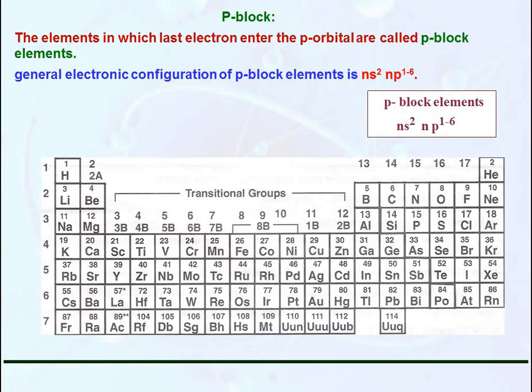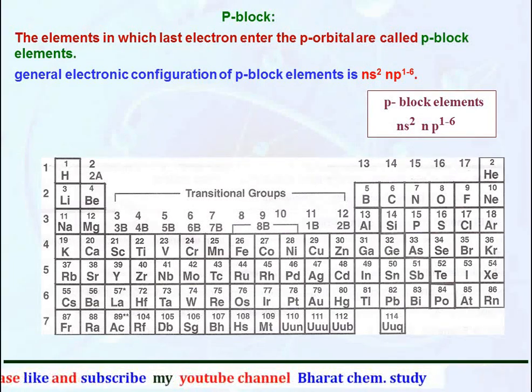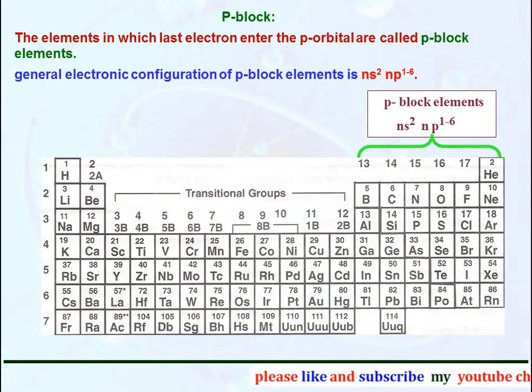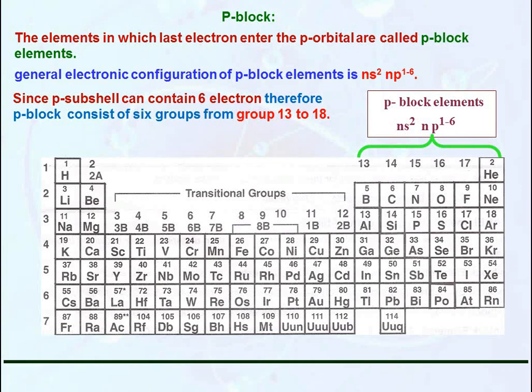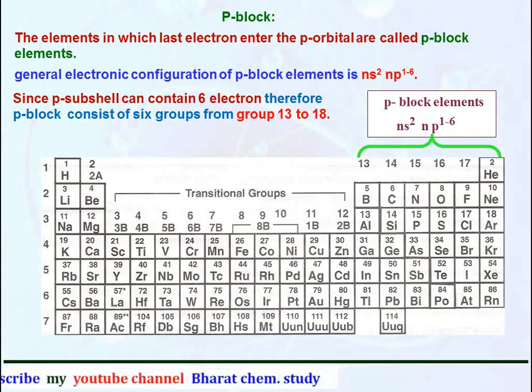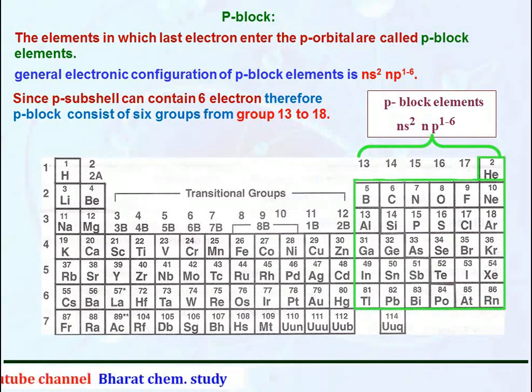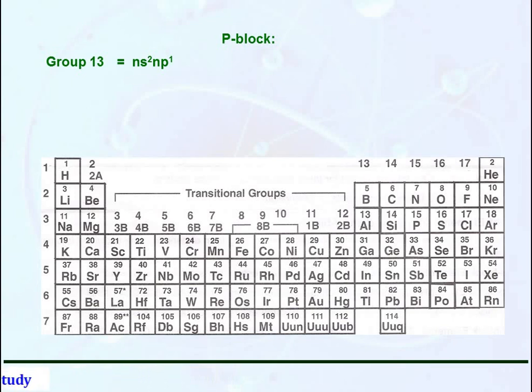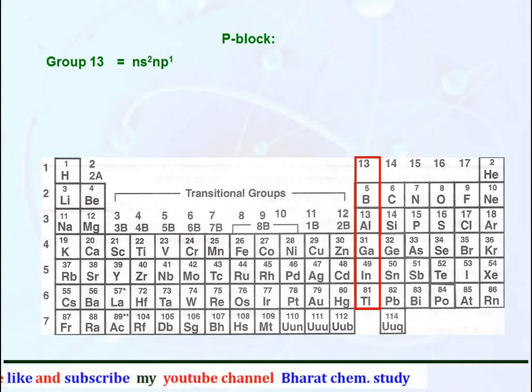So the p block elements are present on the right hand side of the periodic table with general electronic configuration ns2 np1 to 6, where n is the number of the period or shell. Since the p subshell can accommodate a maximum of 6 electrons, the p block consists of 6 groups, from group 13 to group 18 as shown. Now in the p block, group 13 has the general electronic configuration ns2 np1, that means in group 13 only 1 electron is present in the outermost p subshell.